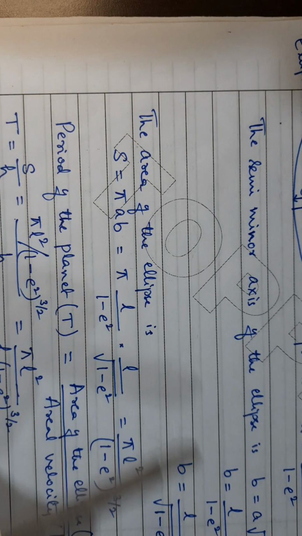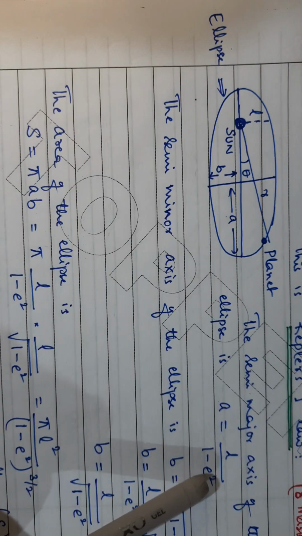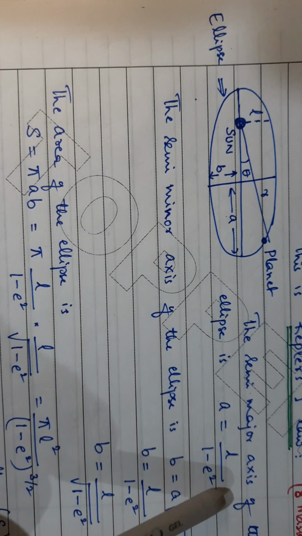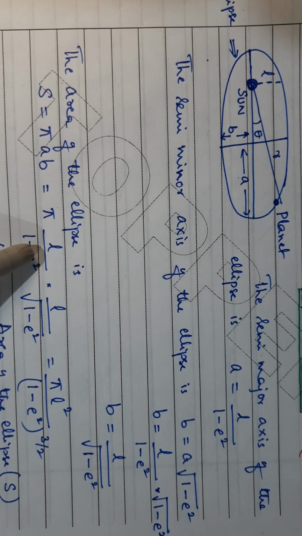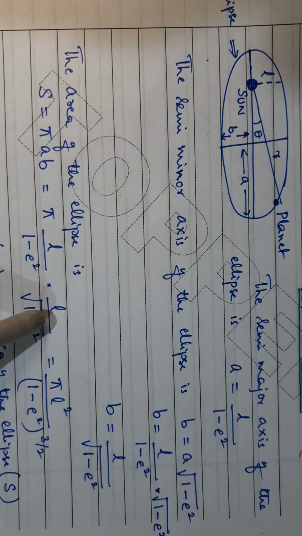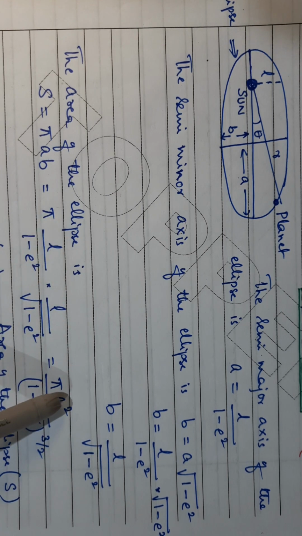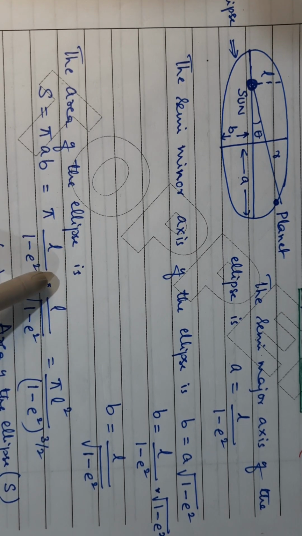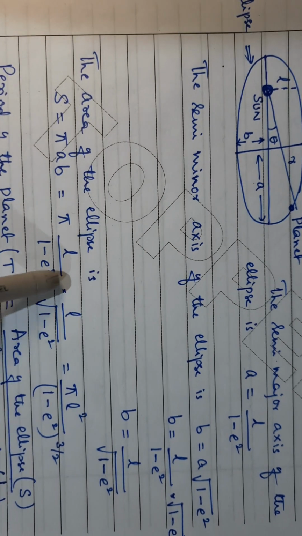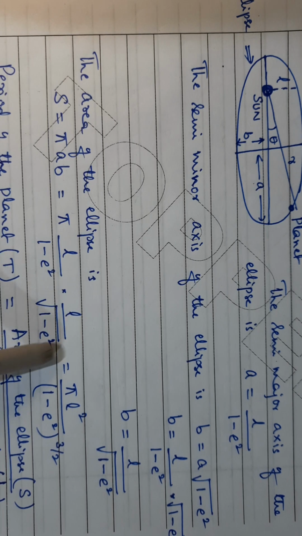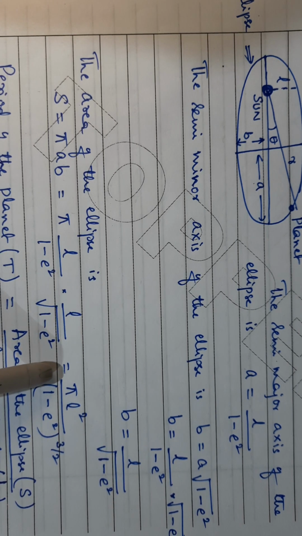Pi into A value is the known thing. A value is the known thing, substitute. B value is the known thing, substitute here. A value, B value. Pi AB. L into L, L square. This is raised to the power 1. This is raised to the power half. 1 minus E square raised to the power 1, 1 minus E square raised to the power half.